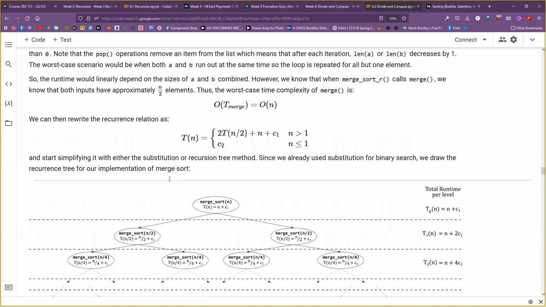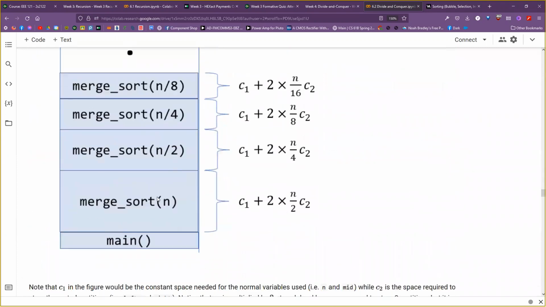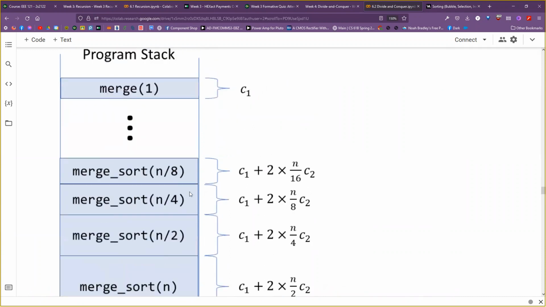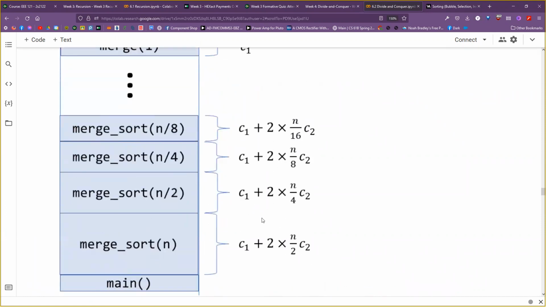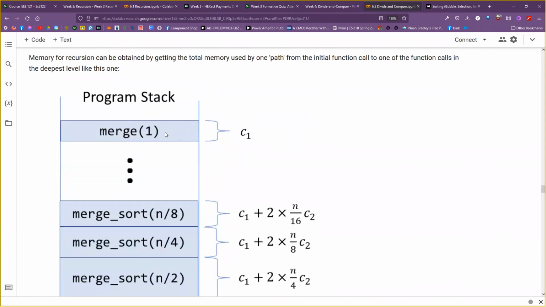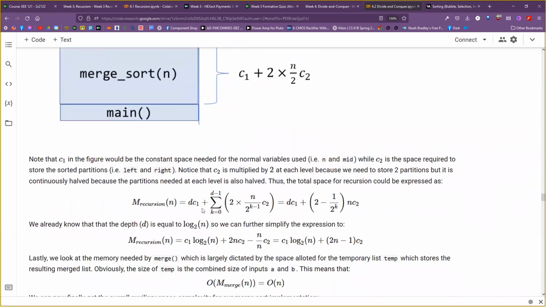So, for each function call, si merge sort n, kailangan ko ng dalawang n over 2 na arrays. And then for merge sort n over 2, kailangan ko ng dalawang n over 4, and then dalawang n over 8, and then dalawang n over 16, etc.